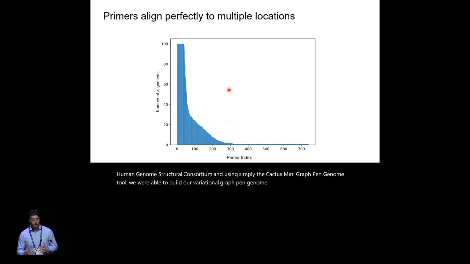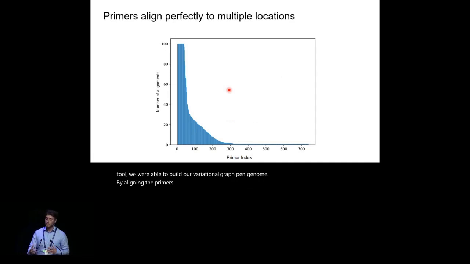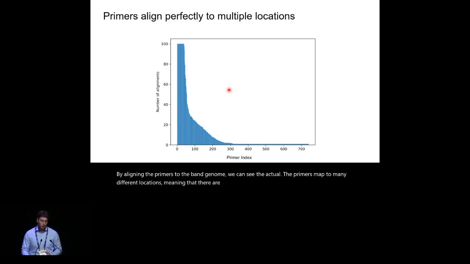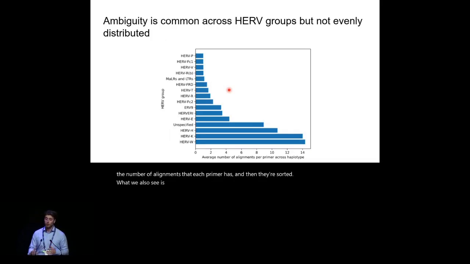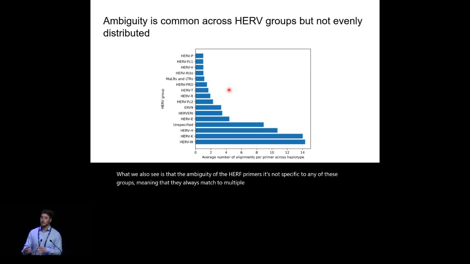By aligning the primers to the pangenome, we can see that the primers actually map to many different locations, meaning that they are highly ambiguous. What you can see in this plot is the number of alignments that each primer has, sorted. What we also see is that the ambiguity of the HERV primers is not specific to any of these groups, meaning that they always match to multiple positions independently of which category of HERVs they are from.